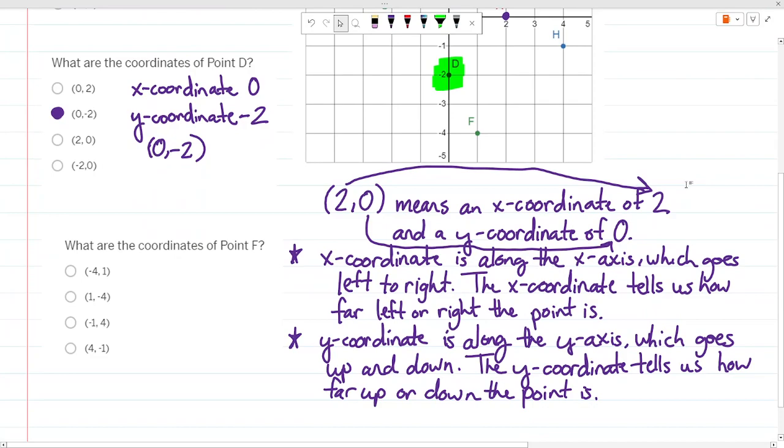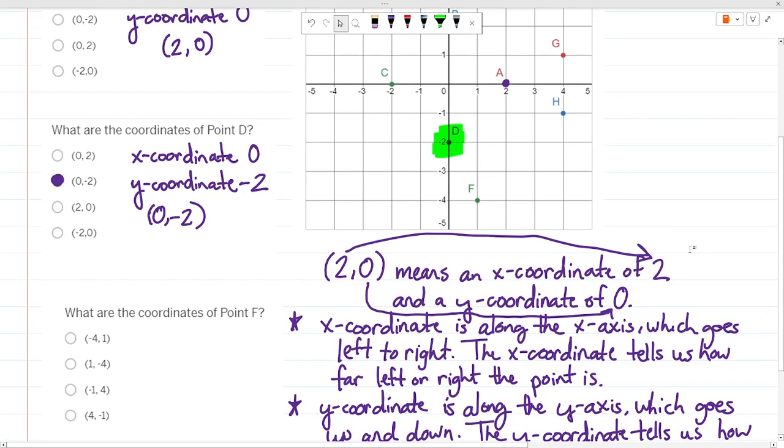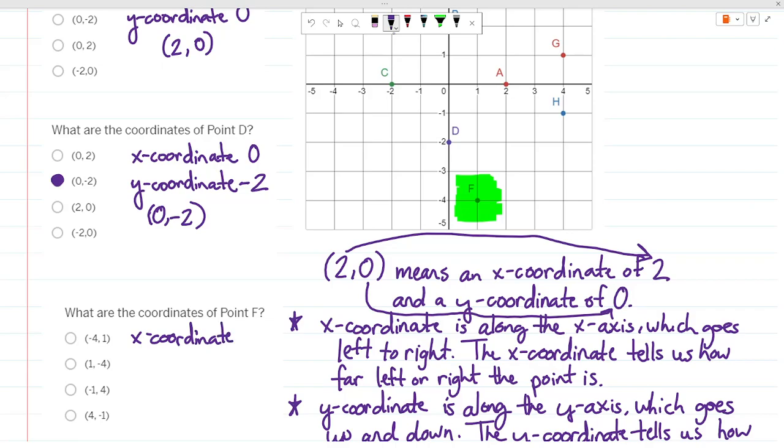Now let's look at what are the coordinates of point F. Let me erase some stuff on here. Here's point F. What's the x-coordinate for point F? Its x-coordinate is 1, right there. I've also seen people sometimes use a dashed line to do this.